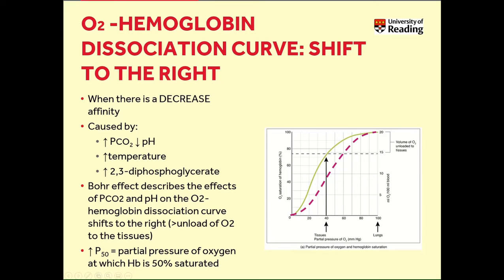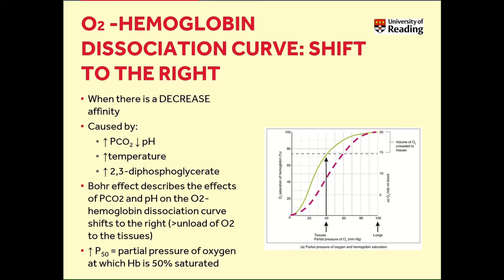Just a few words about this 2,3-DPG. This is an intermediate of glycolysis in erythrocytes, which is rapidly used under normal oxygen tension, so normal oxygen concentration. However, when hypoxia occurs, so there is a reduction of oxygen in the peripheral tissue, the concentration of this intermediate of glycolysis can accumulate to significant levels within hours.